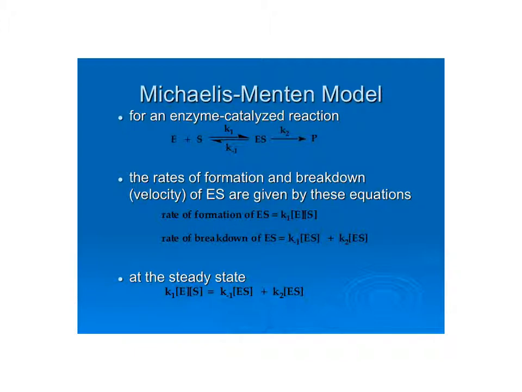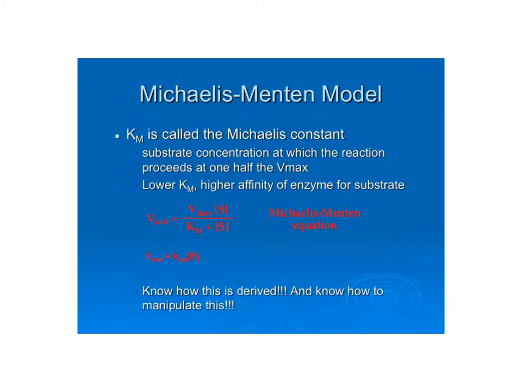One thing I don't believe that I had gone over was what the implications were for Kcat over Km, and Km in particular. But this just shows how we already went over the steady state approximation. We use this in order to ultimately solve and derive the Michaelis-Menten equation.